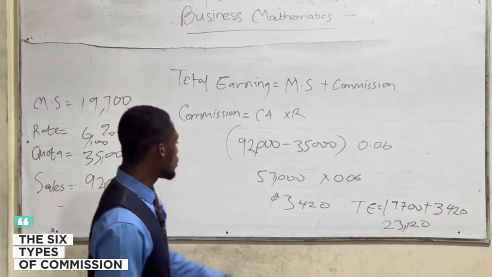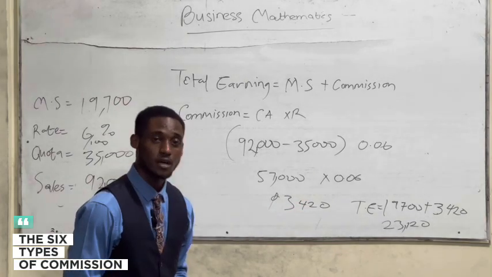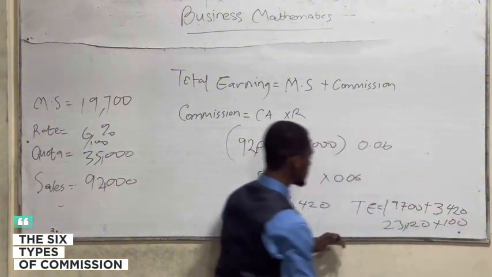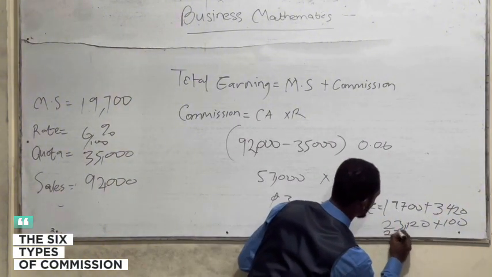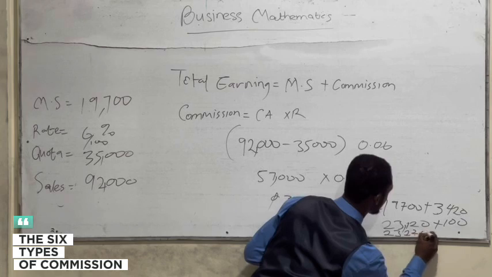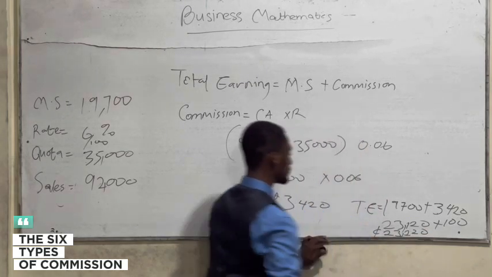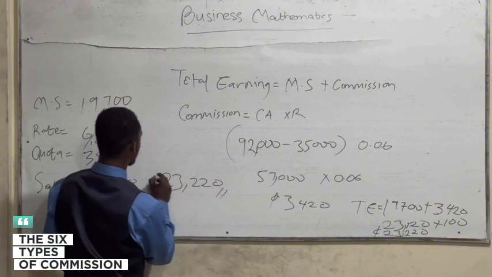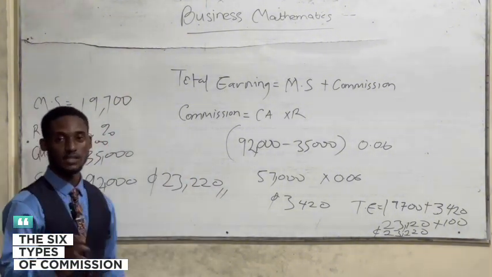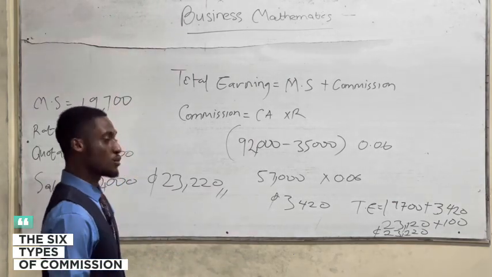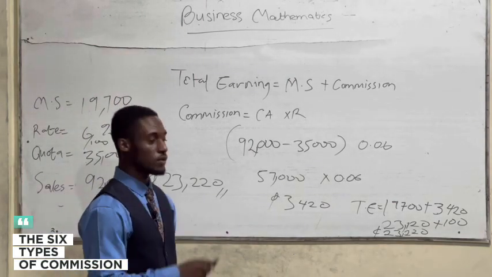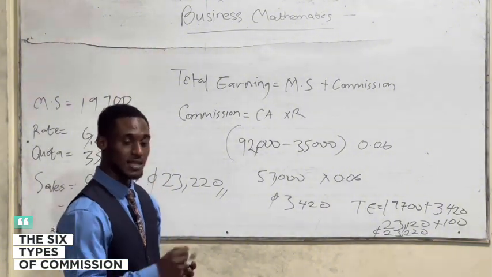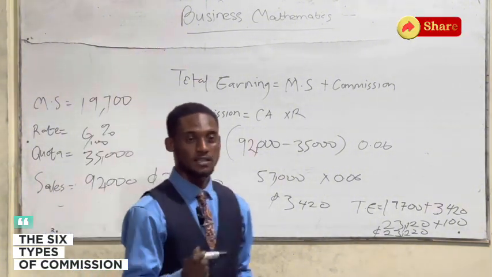So when we add a bonus of 100 cedis to this, we get 23,220 cedis, which is our final answer, because a bonus of 100 cedis was added to the actual total earning, which was 23,120 cedis, to give us 23,220 cedis. And this is what we call salary plus bonus commission.